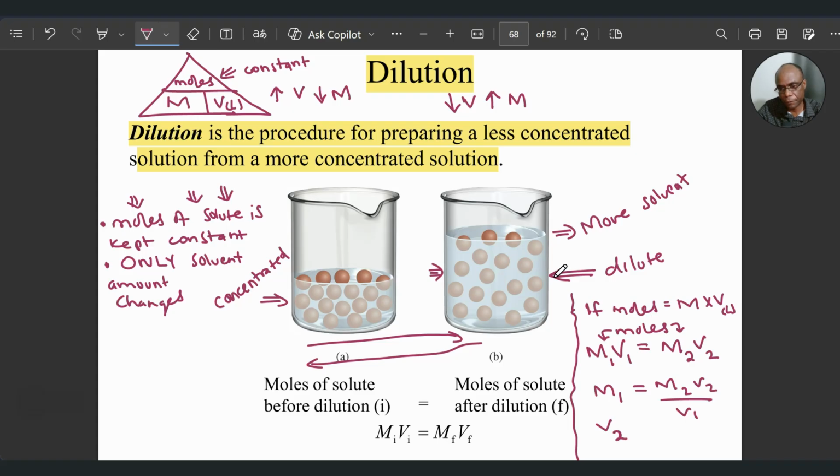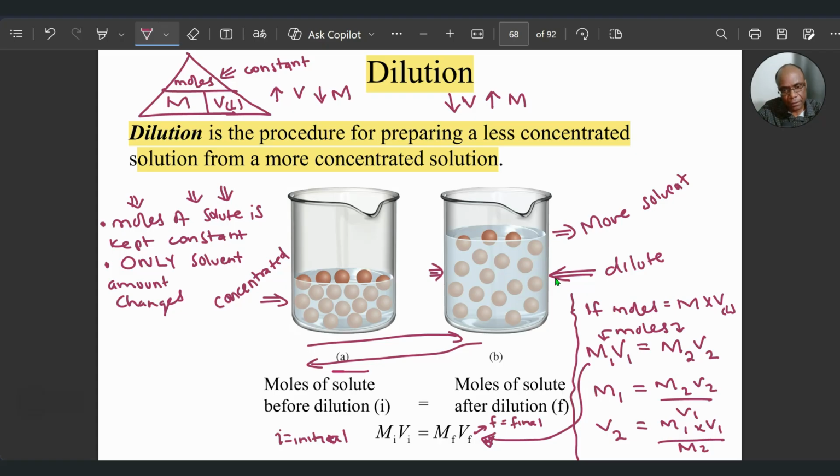If I'm looking for final volume, that will be initial concentration times initial volume divided by final concentration, and so on. That is the use of this formula, where I is initial and F is final.